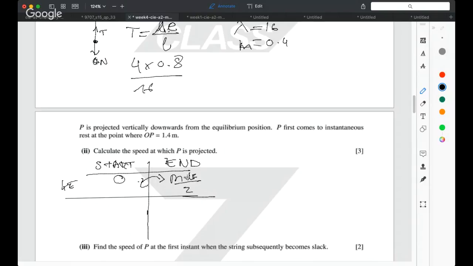And what other energy do we have? Then I have elastic potential energy. So at the start, that's 0. Is it 0 at start? 0 means the string is at its natural length, but was it at its natural length?